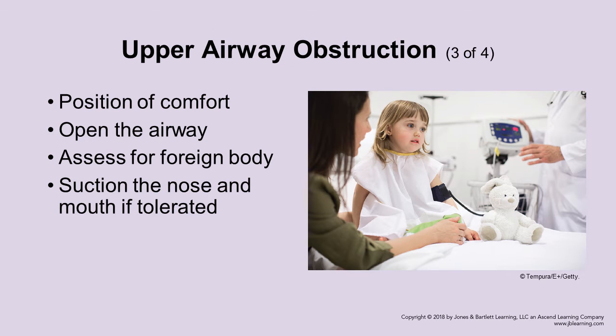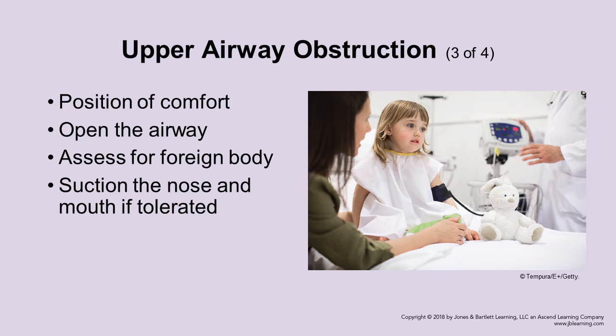So the interventions that we should do for children with upper airway obstruction is firstly put them in a position of comfort, as agitation can severely worsen turbulent airflow and can worsen a child's work of breathing. You need to try to open the airway if necessary or possible. So make sure they're not crunched over, make sure that they are upright and in a sniffing position if need be.